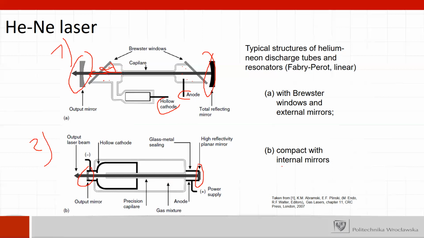This is factory aligned and bonded together, so we don't touch it. It will work forever. And we also have the anode and the cathode, so we just connect the power supply to that. And the capillary is filled with the gas mixture.